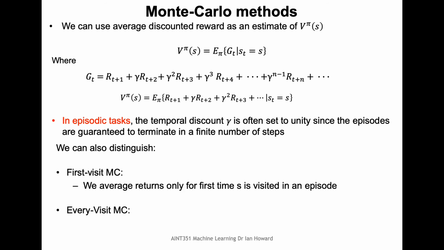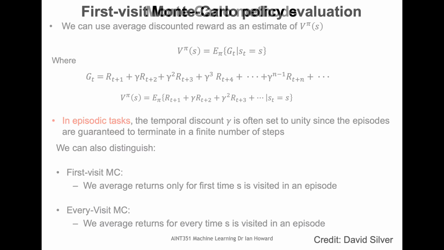With every visit, every time we go back to the state, we can say, well, that's the start of another path. So we could actually use all of those paths as part of the update. So we do multiple updates from a single episode because it hit the state several times. We're just going to think about first visit here.